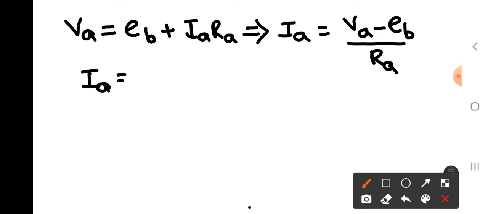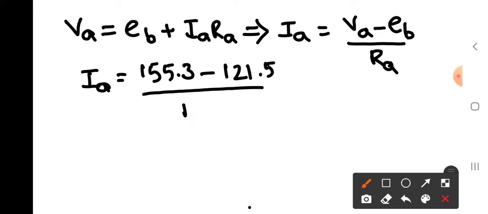Therefore, what is IA? IA is equal to the value of VA, 155.3, minus EB at 600 rpm, which is 121.5, divided by the armature resistance, which is constant, that is 2 ohms.